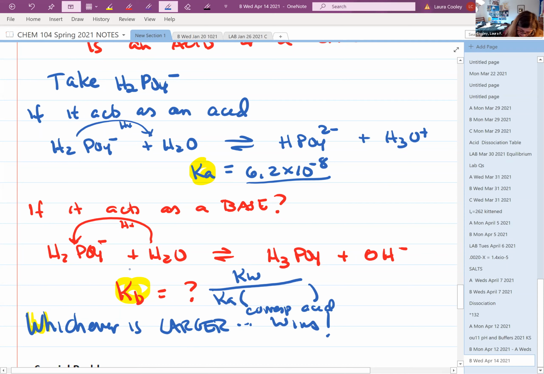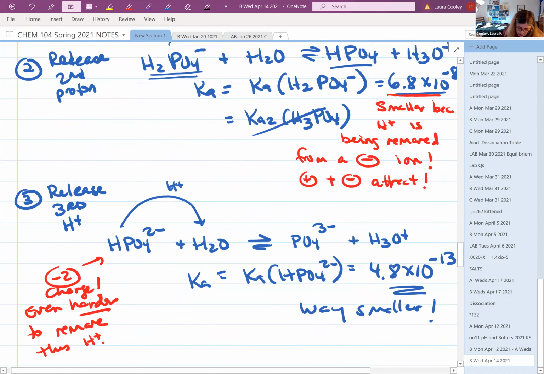So Kb for H2PO4 minus is Kw over Ka for H3PO4, which is 1 times 10 to the negative 14th over, and remember the Ka for H3PO4 is pretty large.